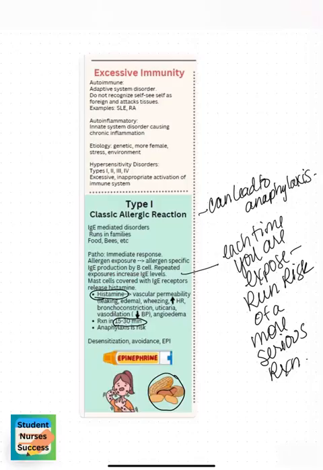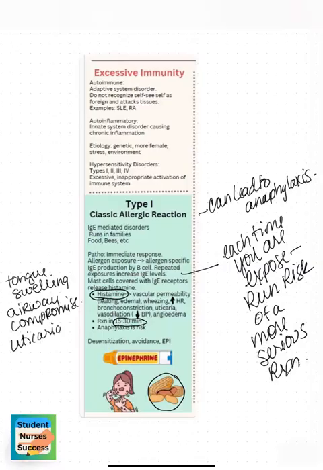So the big risk here is anaphylaxis, okay, where you can't breathe and you get the typical tongue swelling, airway compromise. Often we see people have urticaria or itching, rash, okay, hypotension. Certainly, these are life-threatening, okay?